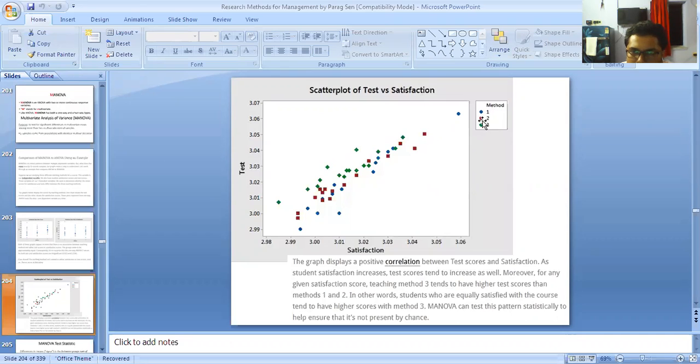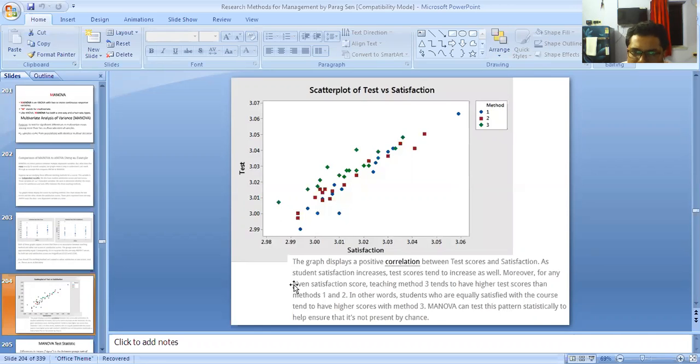The brown dot is representing teaching method 2, and the green dot is representing teaching method 3. This graph displays a positive correlation between test score and satisfaction. You can see it very clearly from this graph that as your satisfaction increases, your test scores also increase. As student satisfaction increases, test scores tend to increase as well.